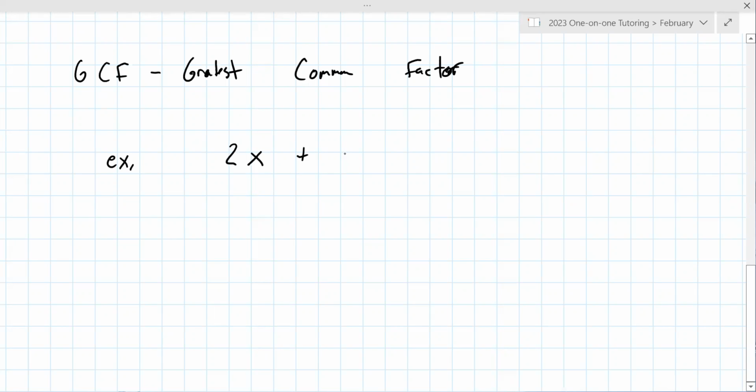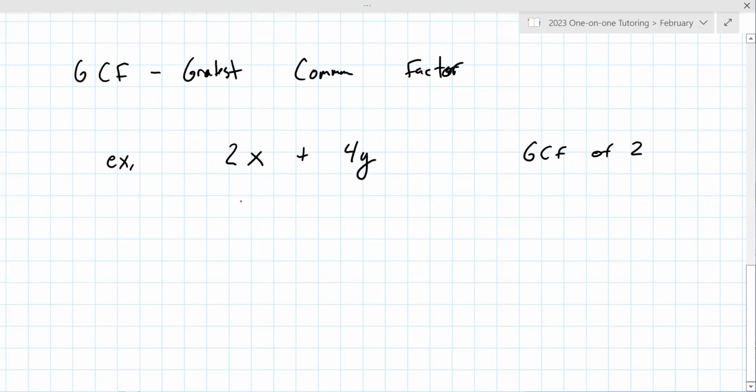Let's say I have 2x plus 4y. And I'm going to tell you that this has a GCF of 2. Why do you think this has a GCF of 2 based on the numbers that are here? 2 times 2 is 4, and 4 divided by 2 is 2.